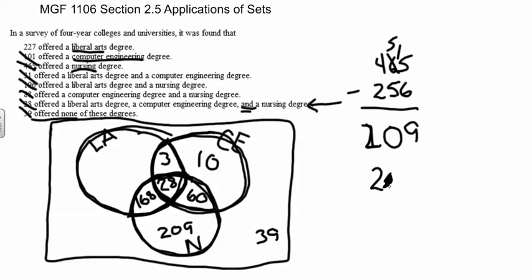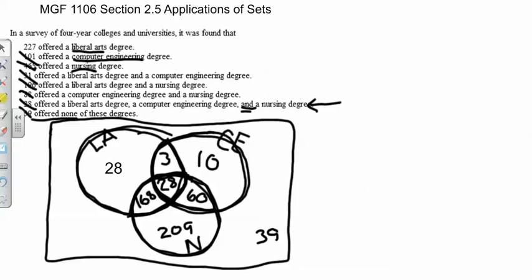So 227 minus 199 is 28. So there are 28 colleges over there in Region 1. And in Region 1, those are colleges that only offered a liberal arts degree and did not offer a computer engineering or nursing degree.